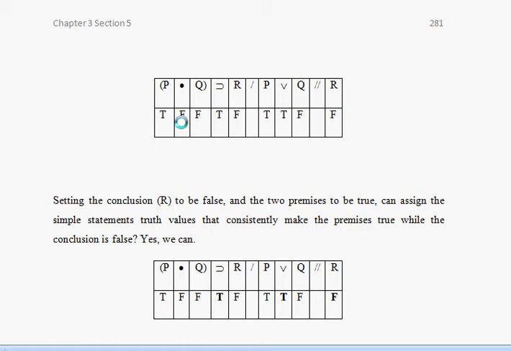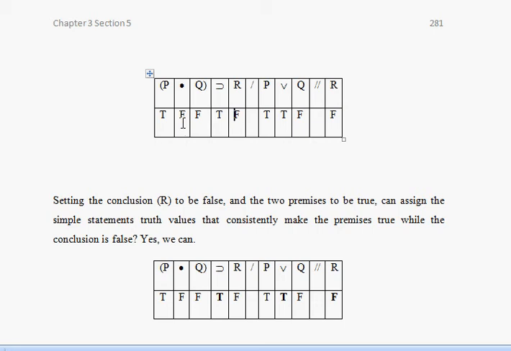But what you would do is move that across, and you would realize that it is possible, in a line where P is true and Q is false, for this to be true. And on a line where P is true and Q is false, the dot would be false.